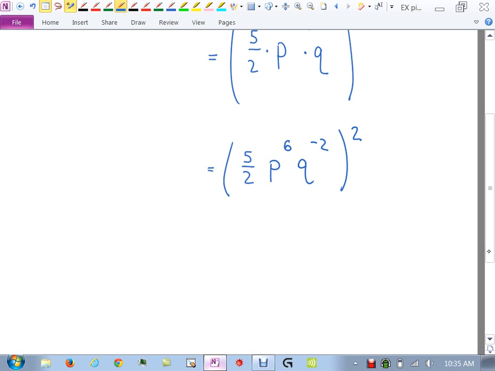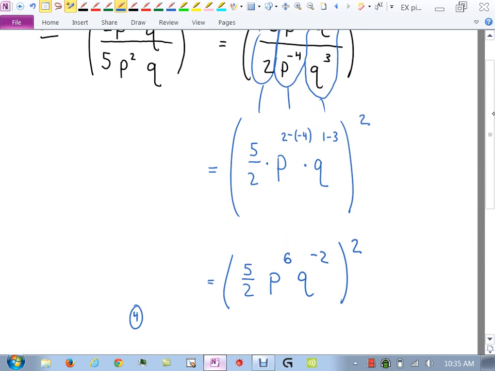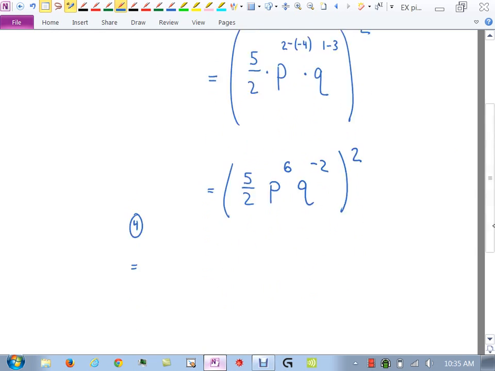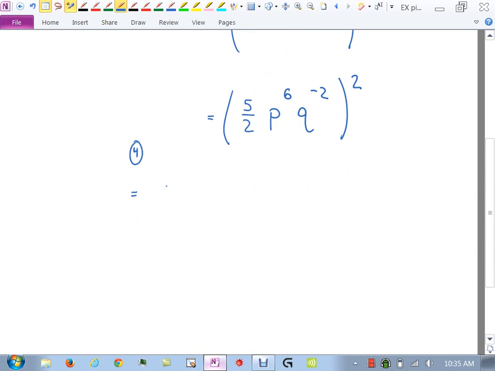And I'm going to apply a square to each one of them. So this is going to be by property 4. By the way, coming here, this was property 2 and property 2 that I used. So property 4, I'm going to have my 5 over 2. I'm going to square that. I'm going to have my p to the 6. I'm going to square that. I'm going to have q to the negative 2. I'm going to square that.